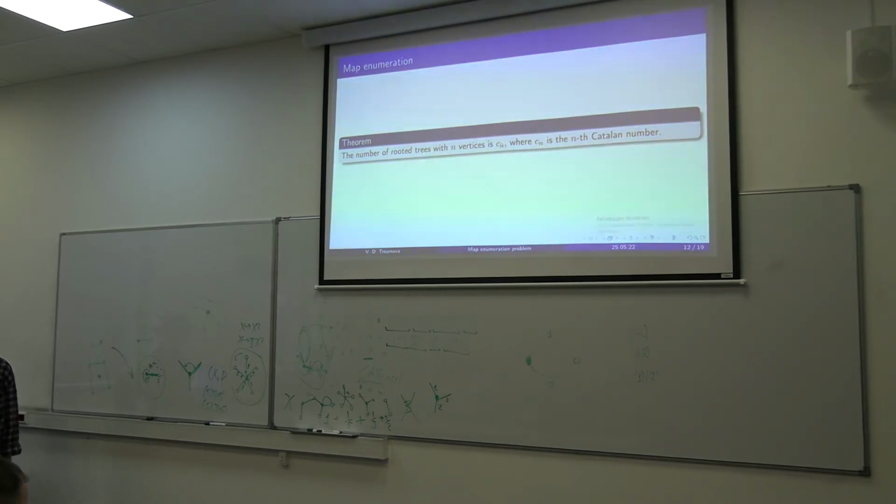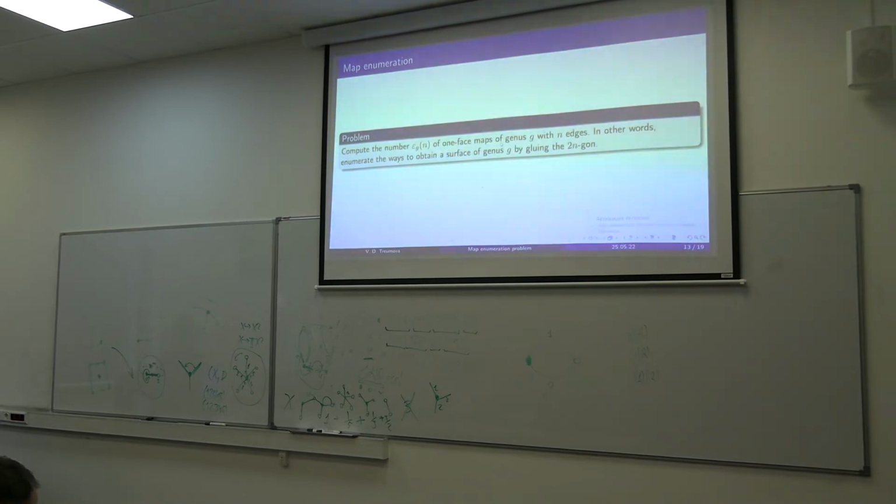Trees are the simplest example of dessins d'enfant. So the parameter here is the number of vertices. But this is simple, and I do not give you a proof because I think it is clear to you. The proof is just by bijection.